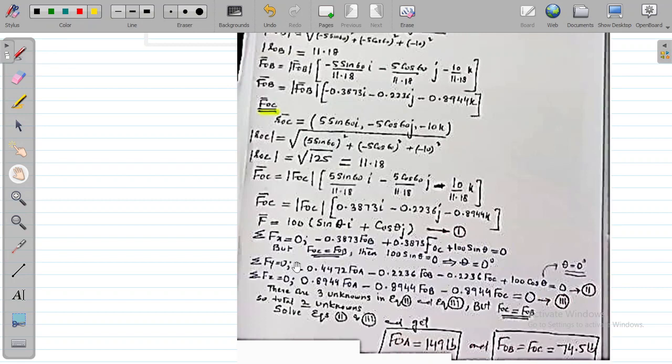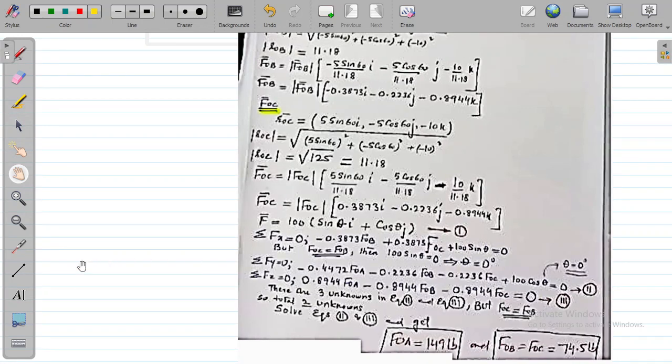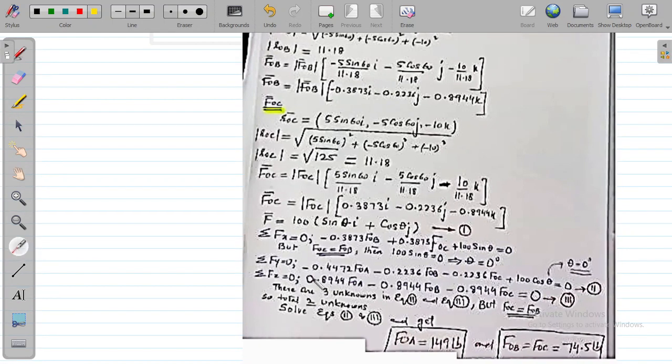So again these four components are there. Now let's add them all together. The first component: minus 0.4472 FOA, minus 0.2236 FOB, minus 0.2236 FOC, plus 100 cos theta equal to 0.